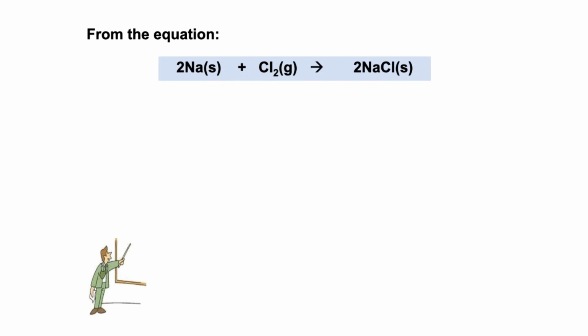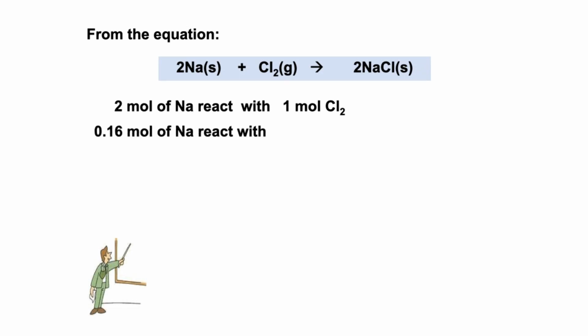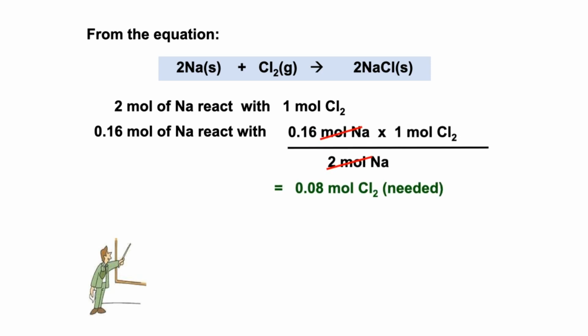So from the equation, 2 mole of the sodium react with 1 mole of the chlorine. Given 0.16 mole of the sodium react with 0.08 mole chlorine. This is the needed chlorine for the 0.16 mole of the sodium.